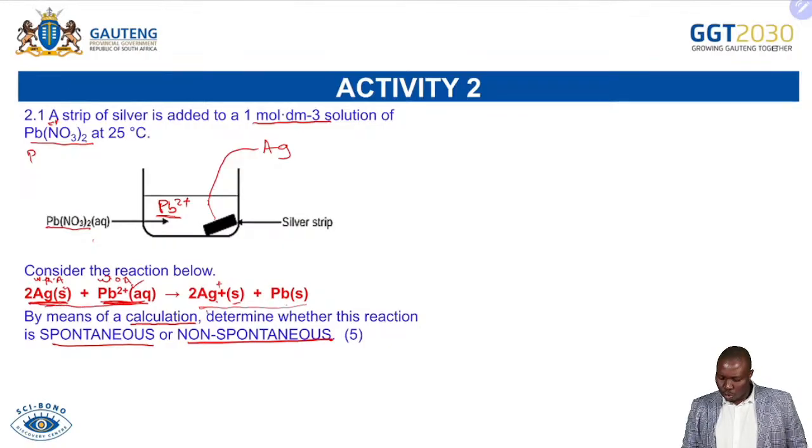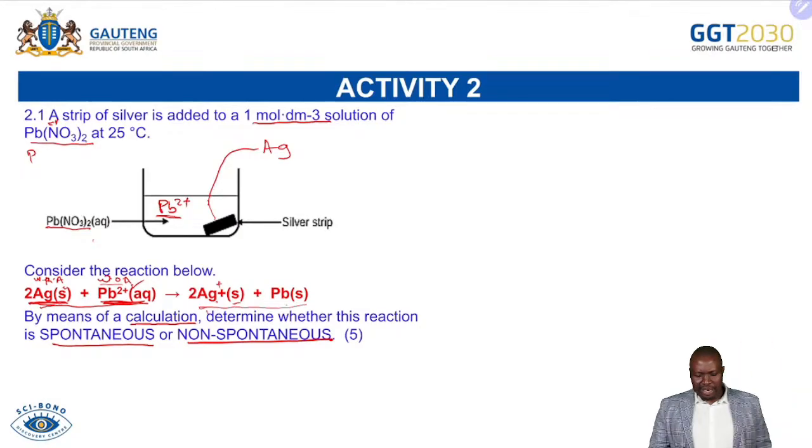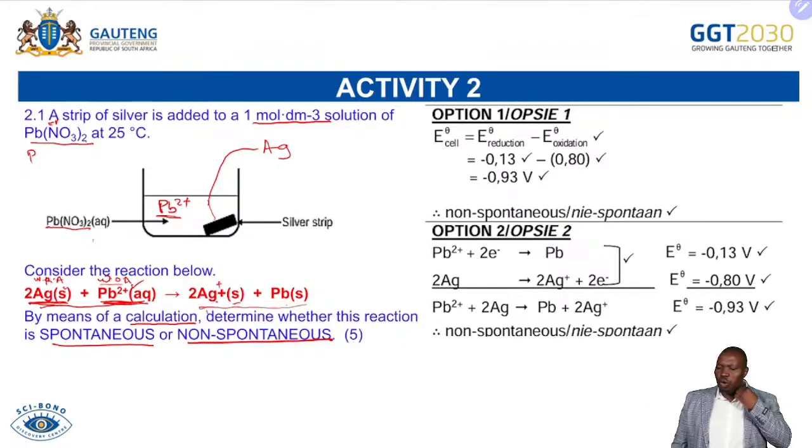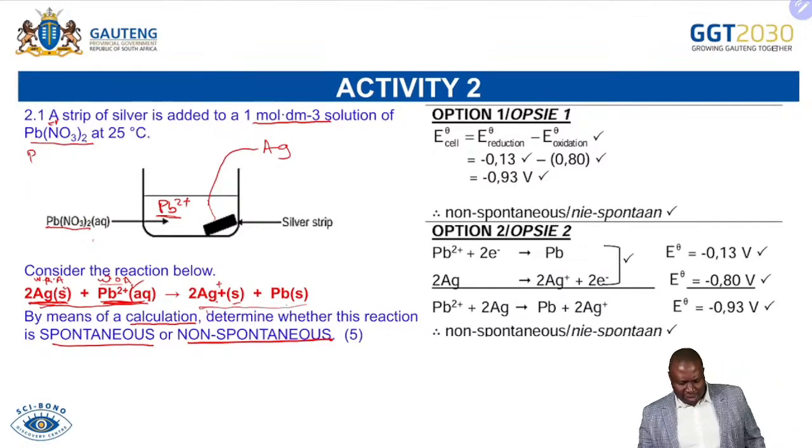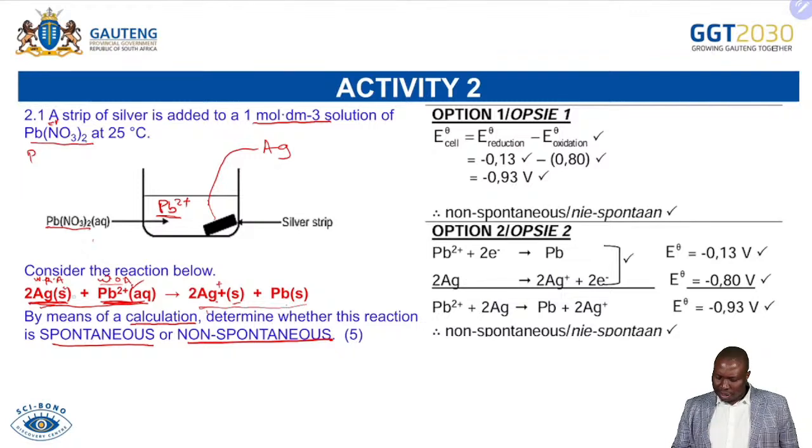But with these two, a weak reducing agent and a weak oxidizing agent, go to the table and you will see that this must be an electrolytic process. It must be non-spontaneous, meaning that when I do my calculation, it must give me a negative answer. And then you are able to do your calculations. According to this, silver is undergoing oxidation, which means I can write Ag becoming Ag plus and an electron.